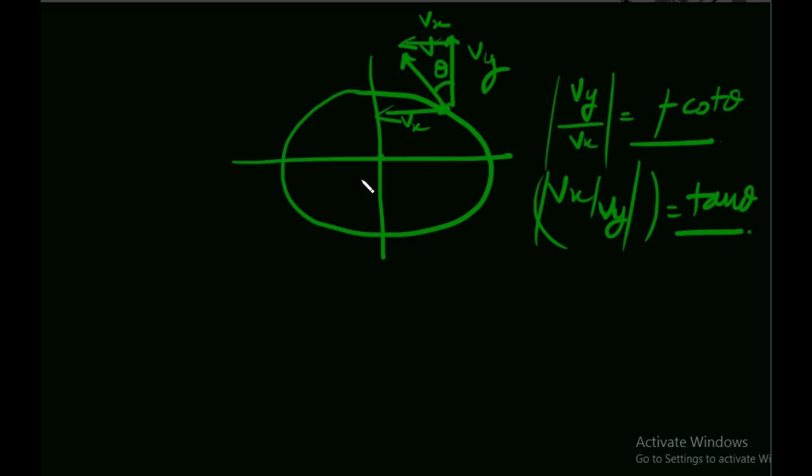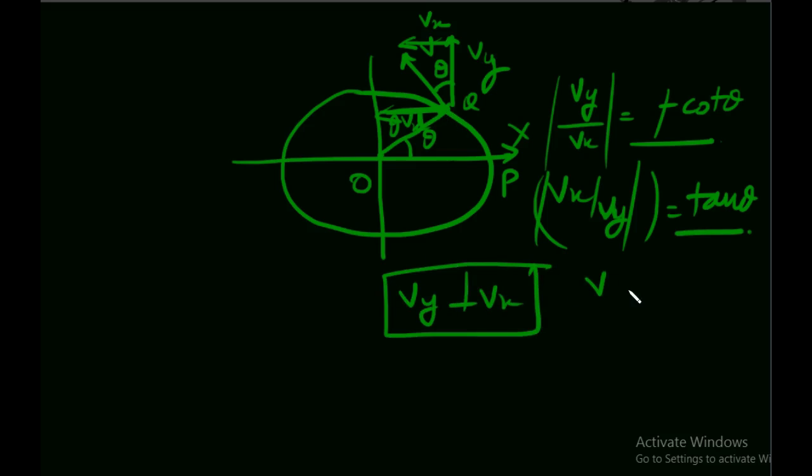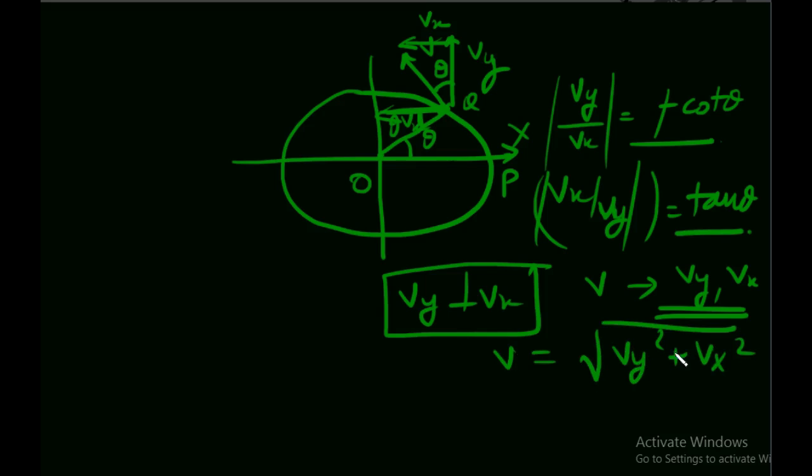Okay, so now this is the center O, this is P, and this is Q, and this was theta. Okay, since Vx is parallel to the x-axis, as I told you, this angle must also be theta, right? And also, Vy must be perpendicular to Vx, because V is split into two components, Vy and Vx, which are perpendicular to each other, because V squared would be equal to Vy square plus Vx square, right? Due to their perpendicularity.